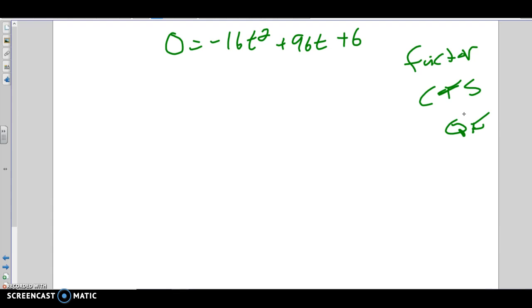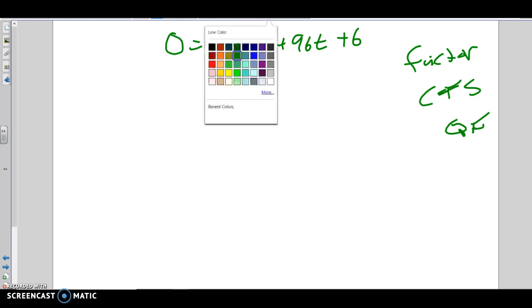So I know the quadratic formula works every time. And I'm not 100% sure if this factors just by looking at the equation. So I'm going to use the quadratic formula.